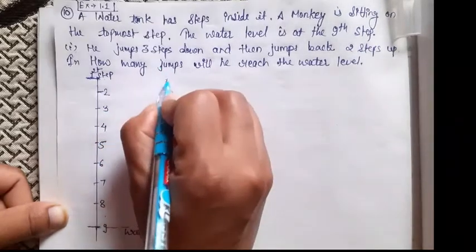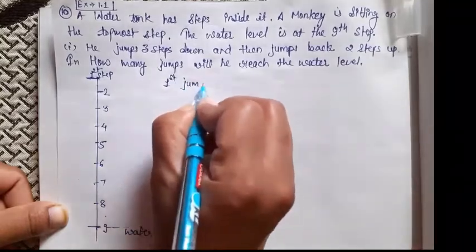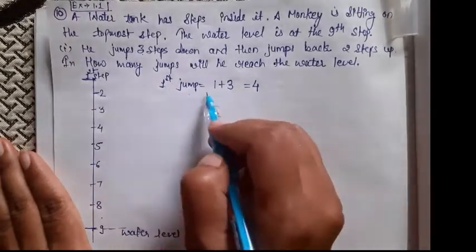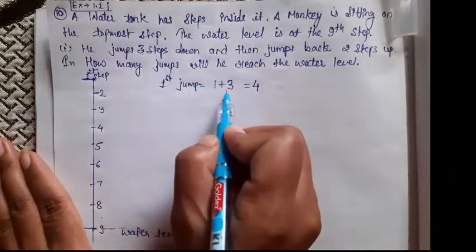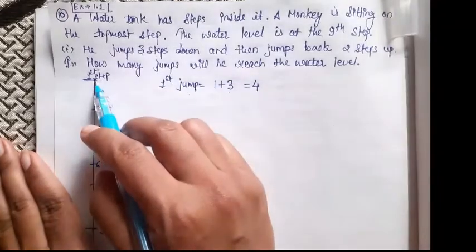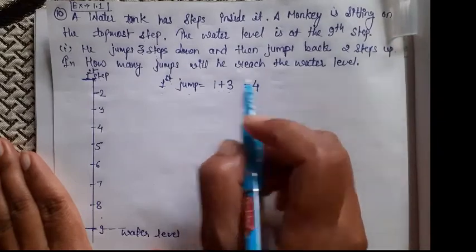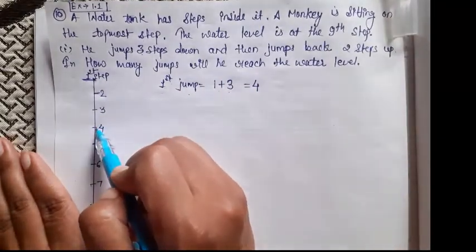So here first jump. In first jump he reaches 3 steps down. Means we added 3 in first step. So 1 plus 3 is equal to 4. Means monkey reached on that step.